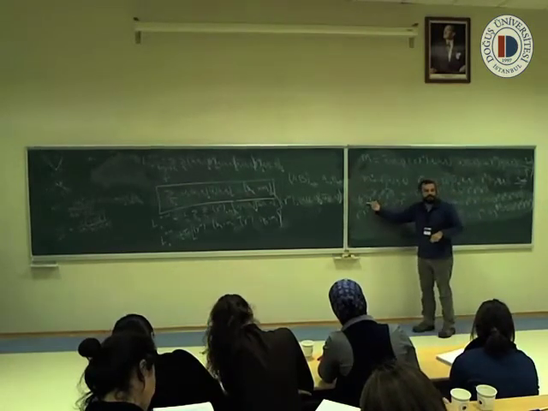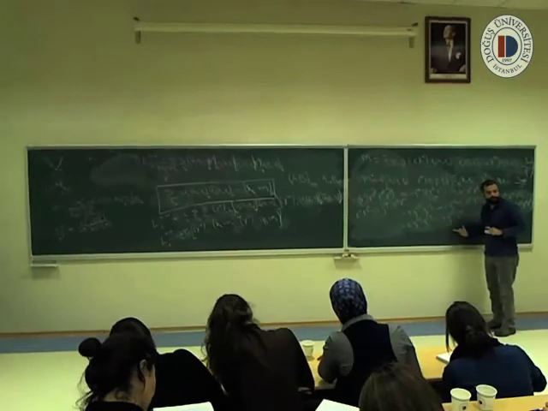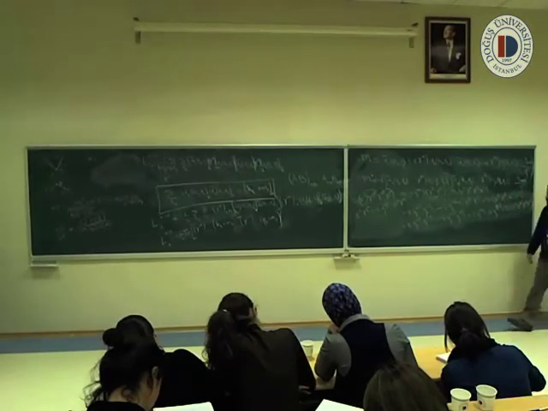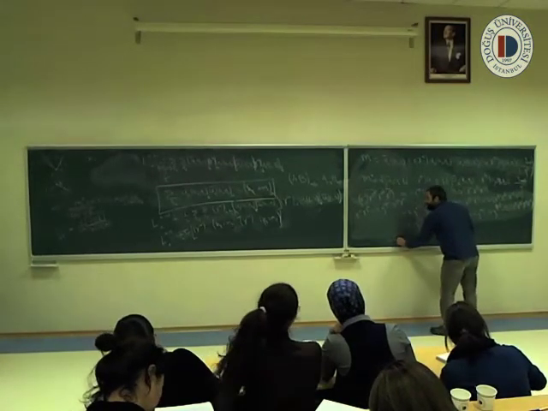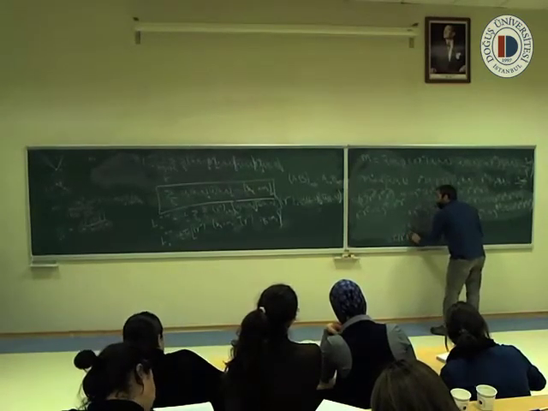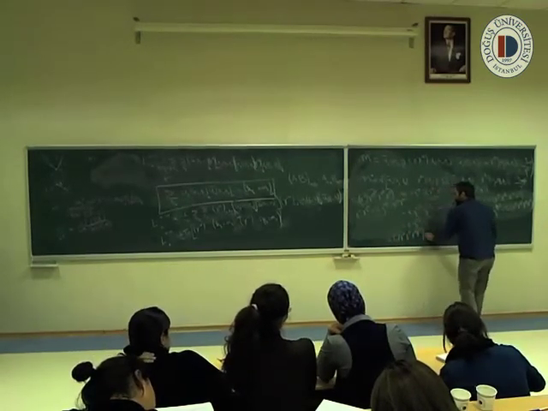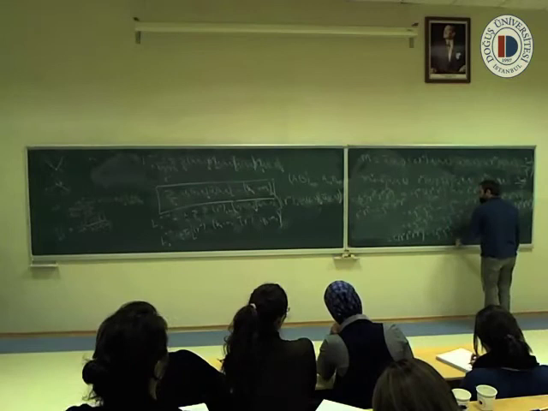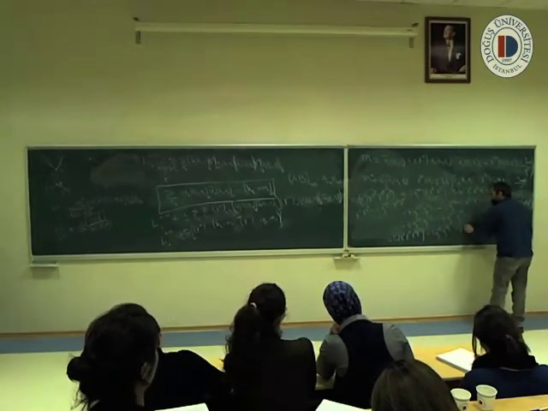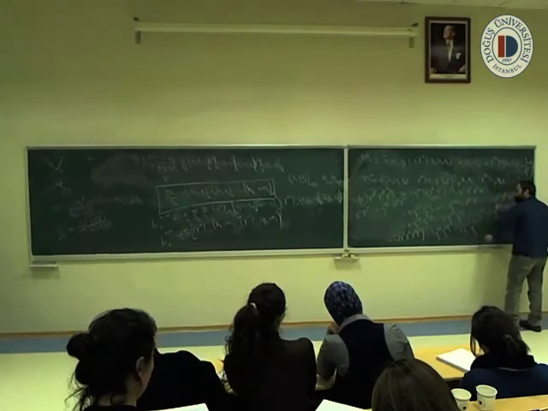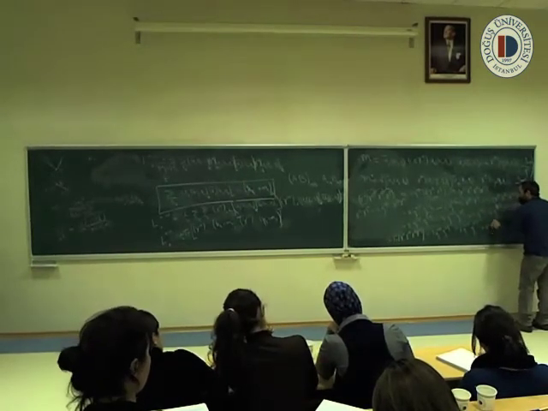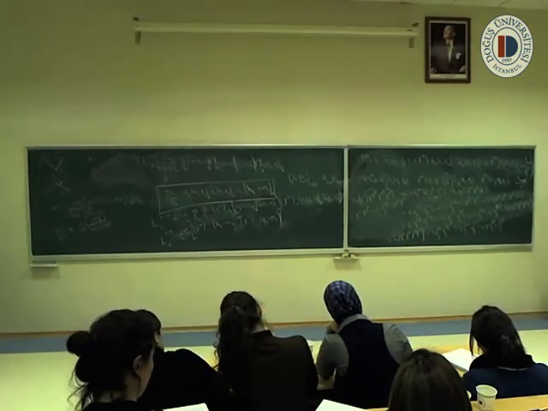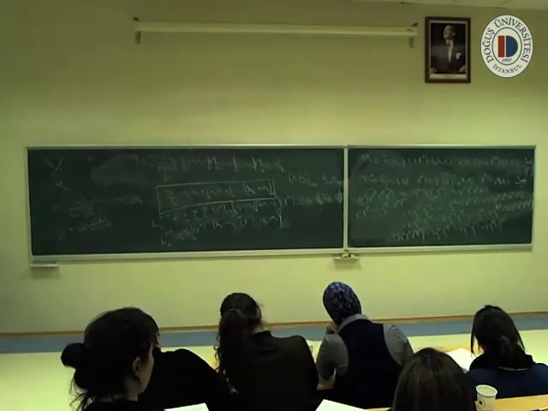So the trace that I'm interested in is equal to something minus the same trace. So I can just move this to the other side. I have twice the trace of gamma alpha, gamma beta, gamma delta, gamma eta, equal to 8 G alpha beta, G delta eta, minus 8 G alpha delta, G beta eta, plus 8 G alpha eta, G beta delta. So this is the trace of 4 gamma matrices.